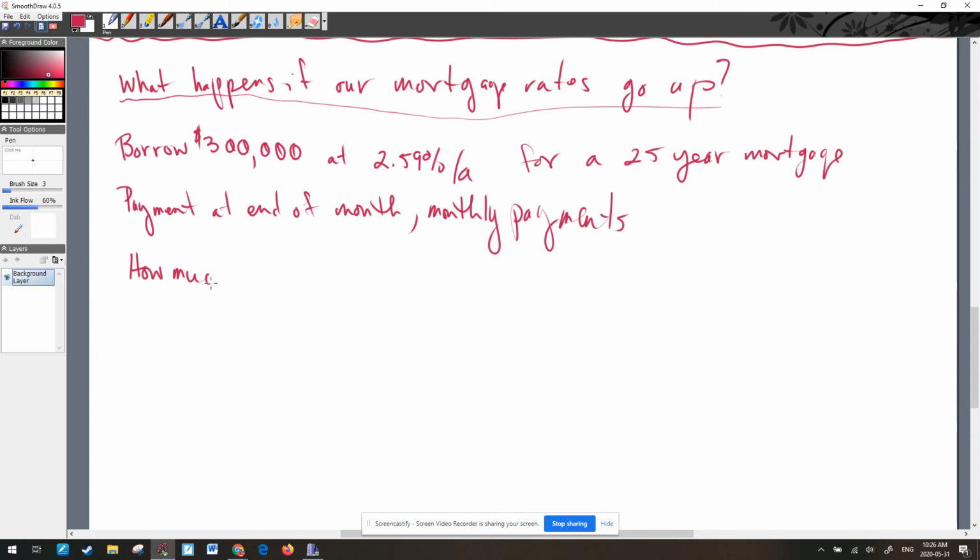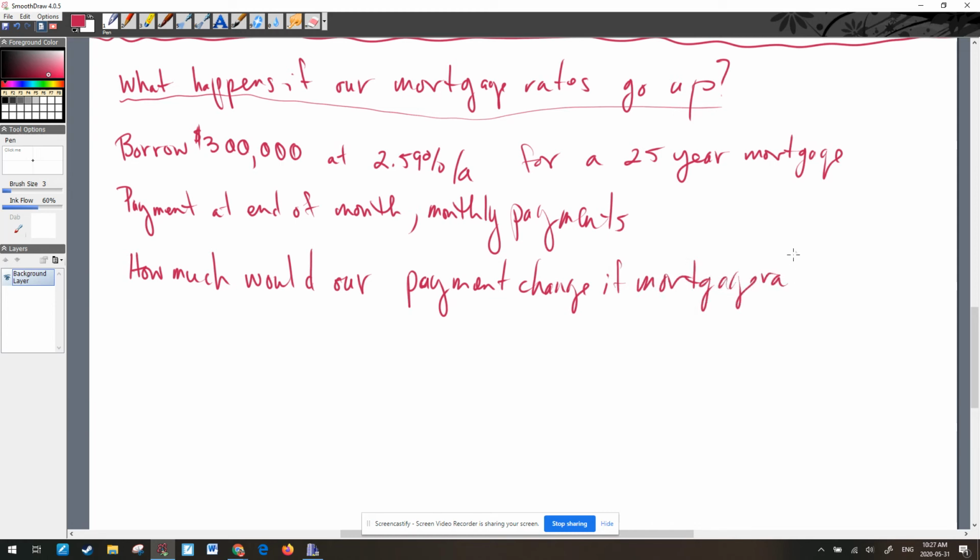But anyway, imagine how much would our payment change if mortgage rates increased by 1.5%.